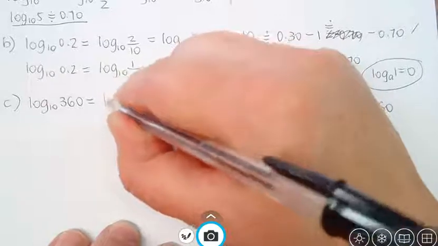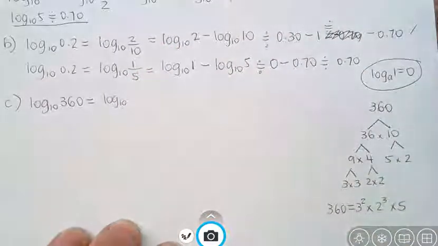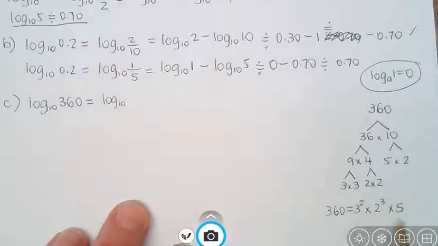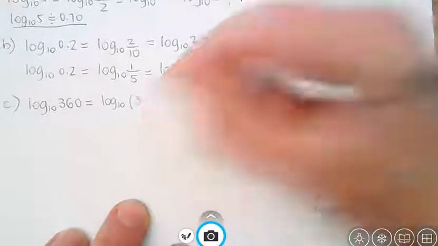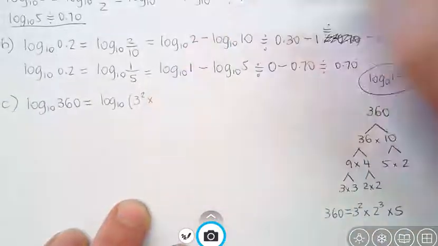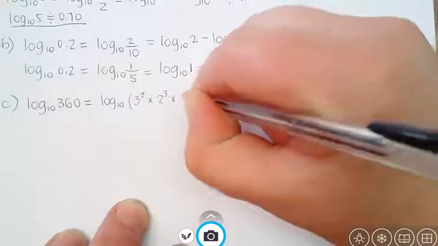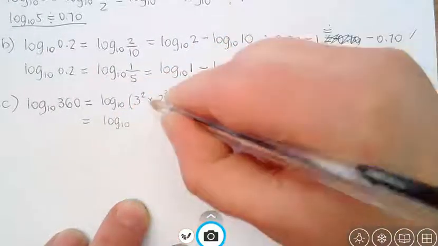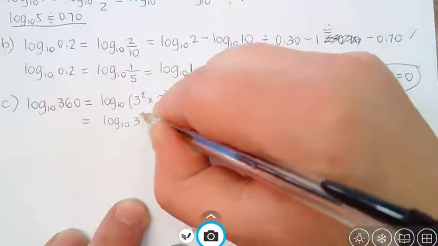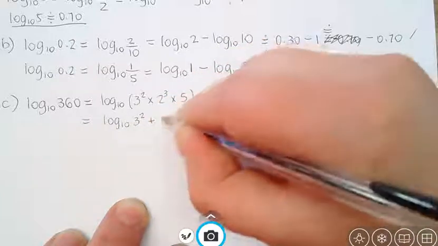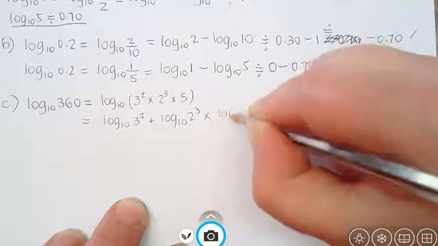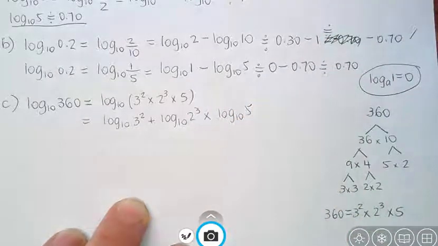So I could say that's log to the base 10. Look, there are other ways I can do this. This is one way. I could go 3 squared times 2 cubed times 5, which is log to the base 10. Remember, multiplying means I break it up by adding. Log to the base 10 of 3 squared plus log to the base 10 of 2 cubed plus log to the base 10 of 5.